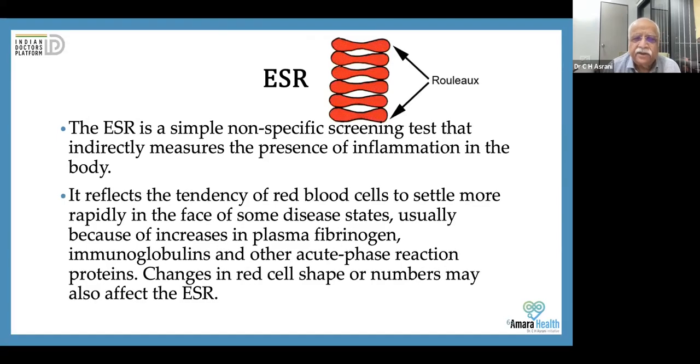It reflects the tendency of RBCs to settle more rapidly in face of some disease states, usually because inflammation leads to an increase in plasma fibrinogen, immunoglobulins, and other acute phase reaction proteins. If there is a change in red cell shape or numbers, that may also affect ESR, like spherocytosis or sickle cell.